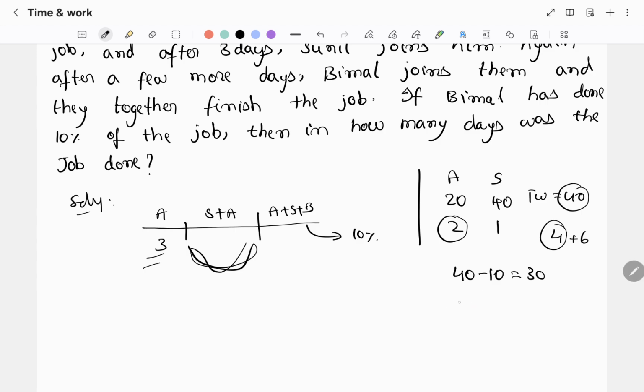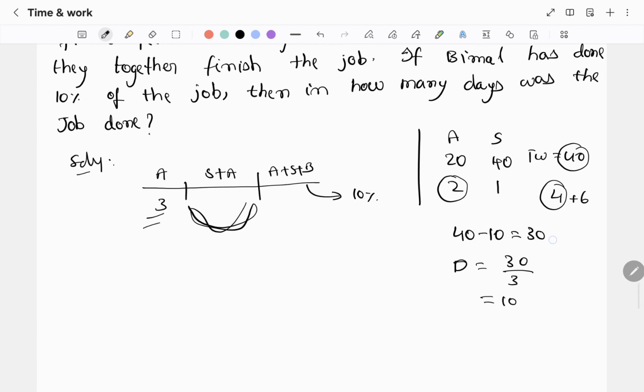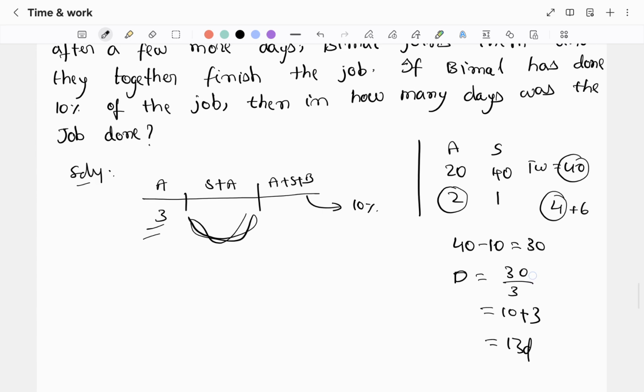So number of days is equal to 30 by 3, which is 10. Initially Anil worked for 3 days. So total number of days is 13 days. Hope you understood this method. Okay, next question.